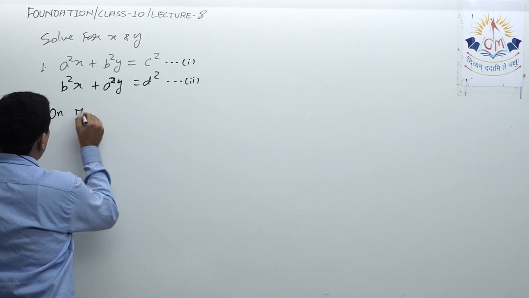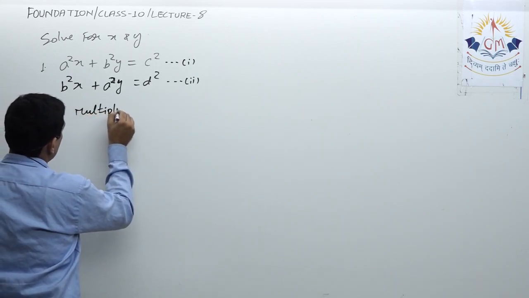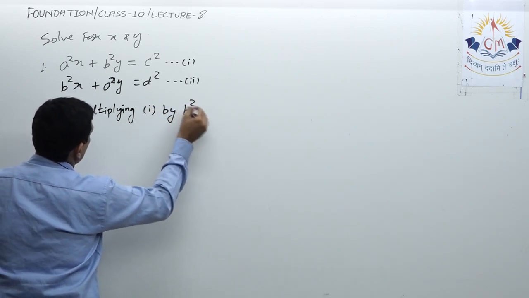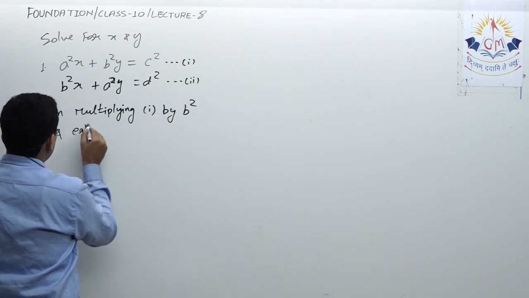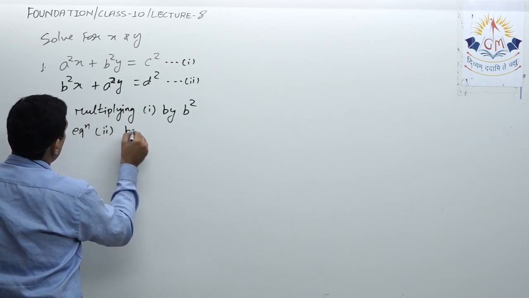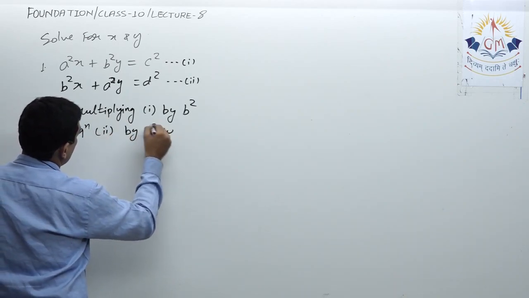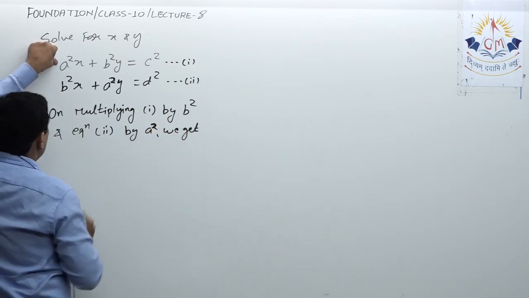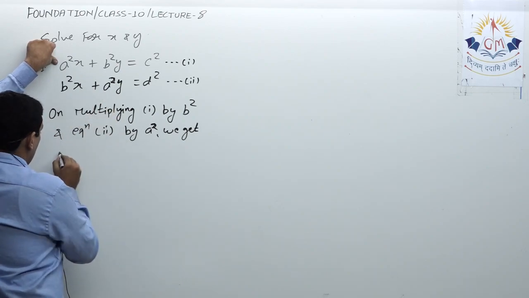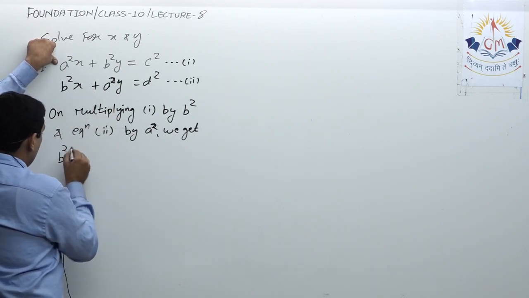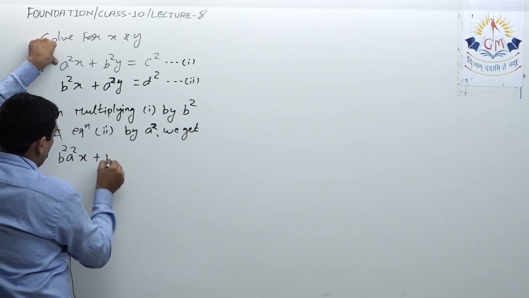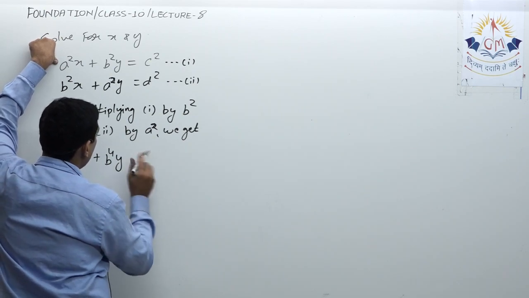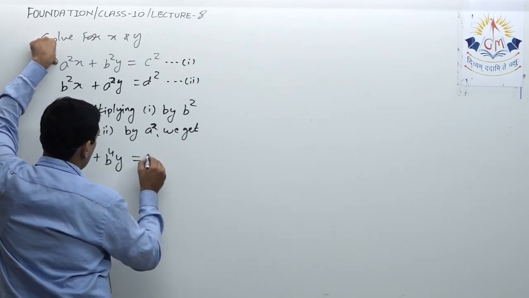On multiplying, we get b square a square x plus b raised to 4 y is equal to b square c square.